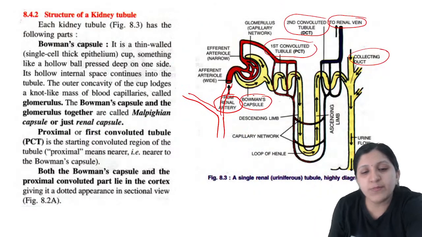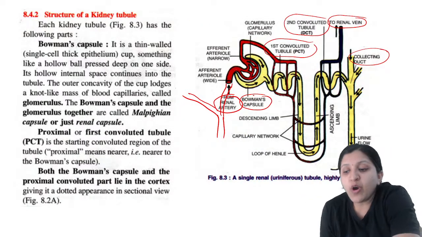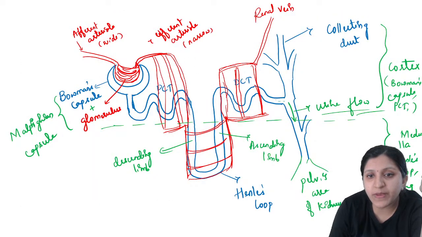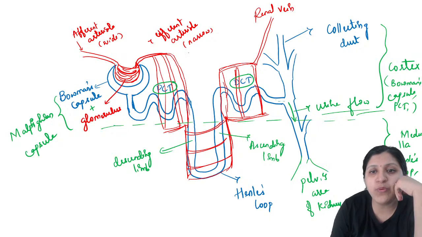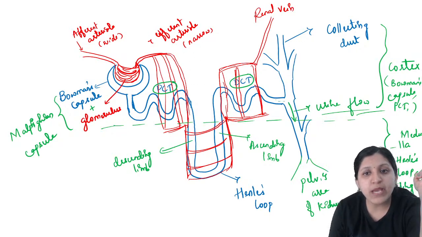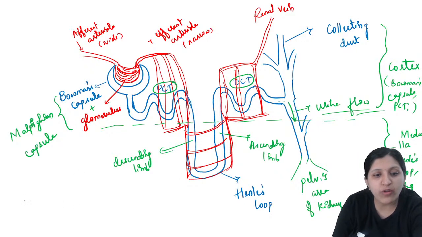So we will see the explanation. Why do we call this structure a PCT? Any idea why we call it a PCT? PCT means proximal convoluted tubule.